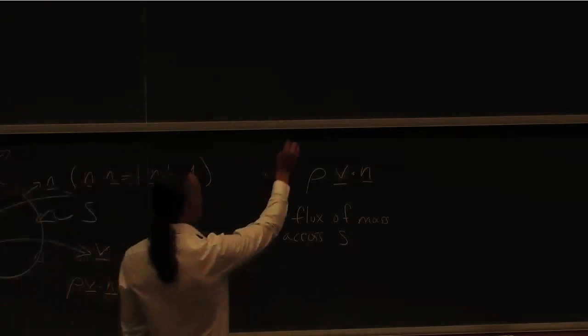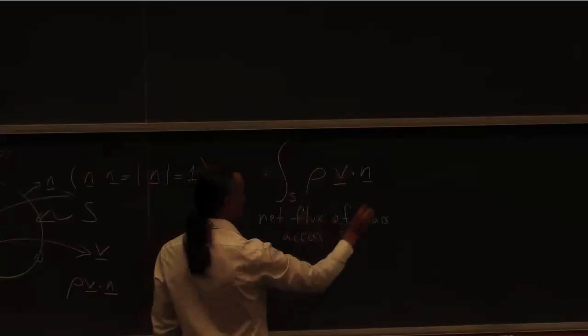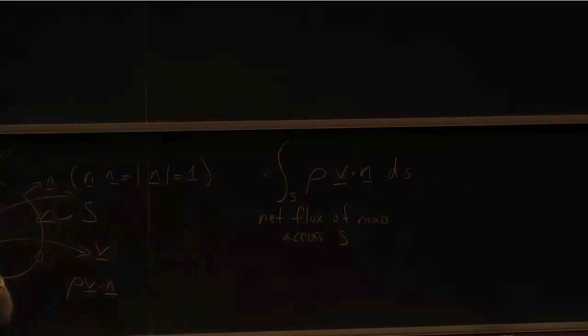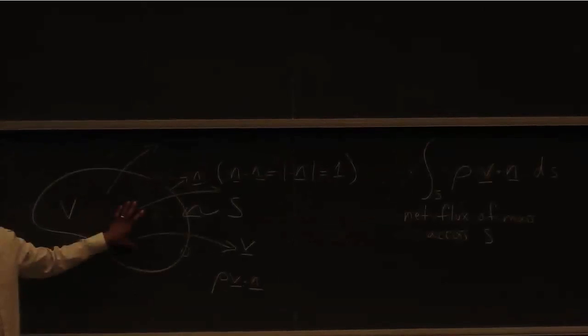And if I'd like to know what the total is out of this whole volume V, I just add up this flux all the way around the boundary, which is the same as integrating over that surface S. Okay. So that's how much mass we're losing or gaining, depending on the nature of that velocity field. If we have mass leaving this volume, what happens to the mass inside the volume?